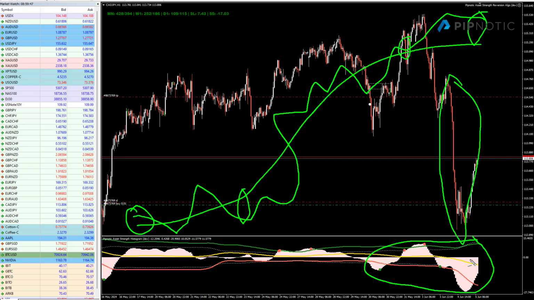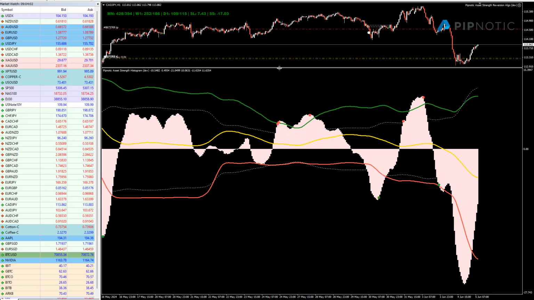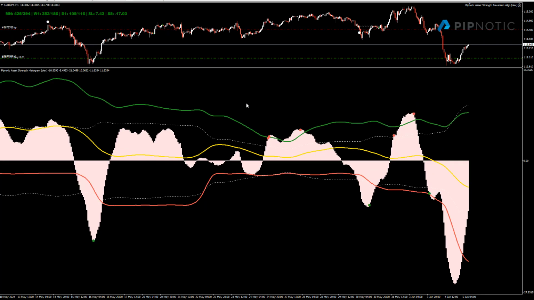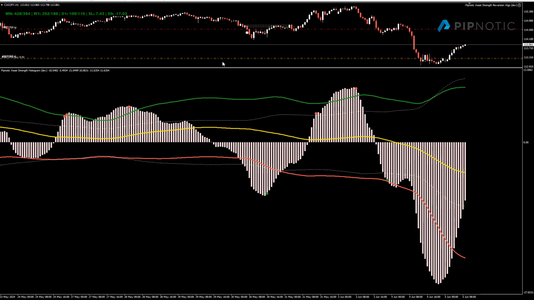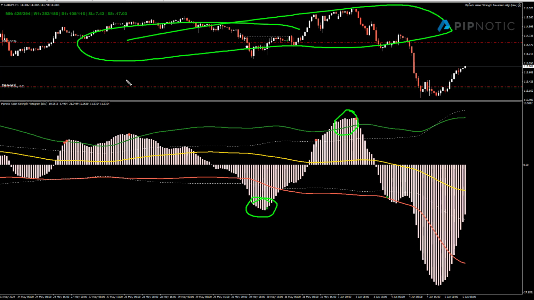This is kind of doing a similar thing, but the maths used to calculate the histogram is very different. Okay, so if we focus on the histogram, what we want to see is prices move above a perceived premium value and a perceived discount value for the price of whatever it is that we have the chart doing above.